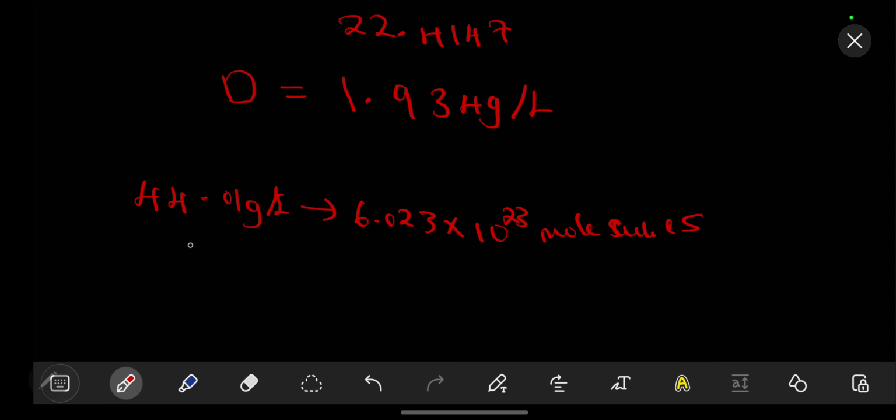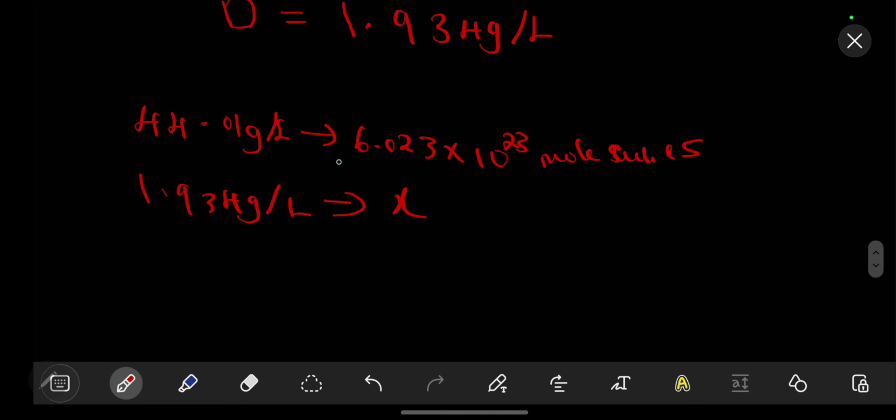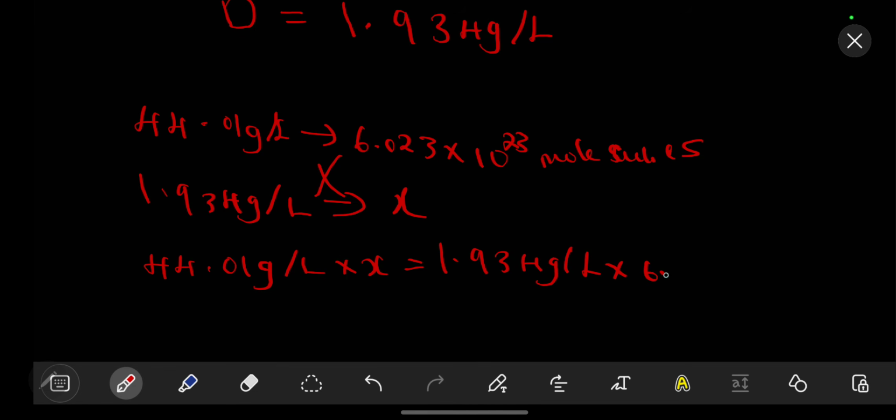So how about if you have 1.934 grams per liter, which has an unknown number of molecules x? We are going to cross multiply. We have 44.01 grams per liter times x equal to 1.934 grams per liter times 6.023 times 10 raised to the power of 23.